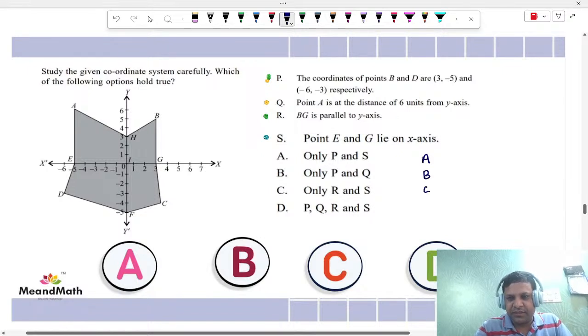B, C, D, E, F, G, H, and I. So A is minus 5 comma 6.